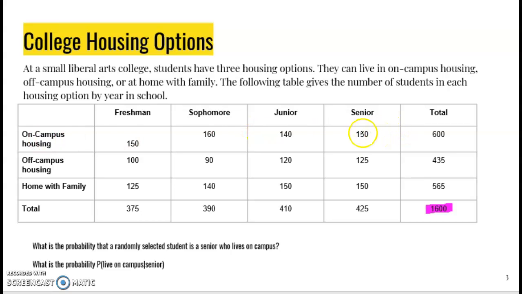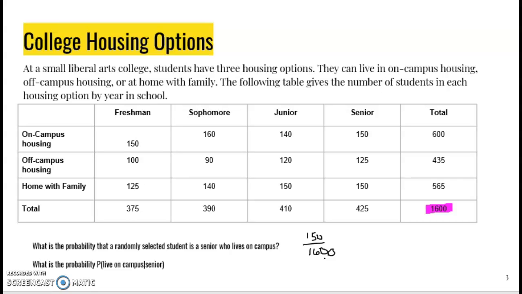In this particular case, there are 150 of them out of the 1,600 students. So the probability that a randomly selected student is a senior who lives on campus is 150 out of 1,600.